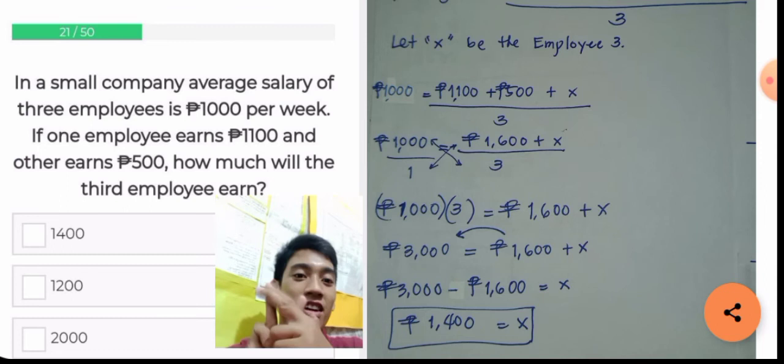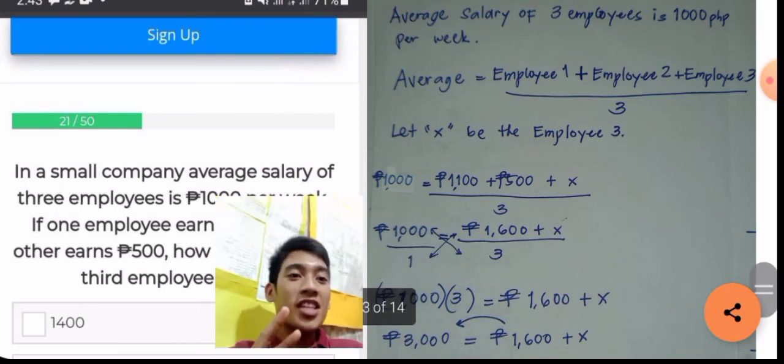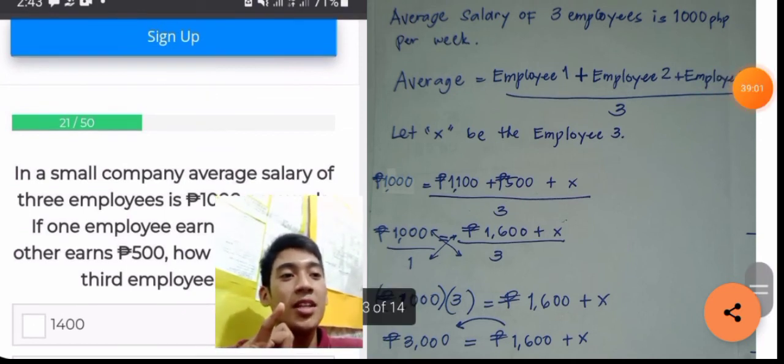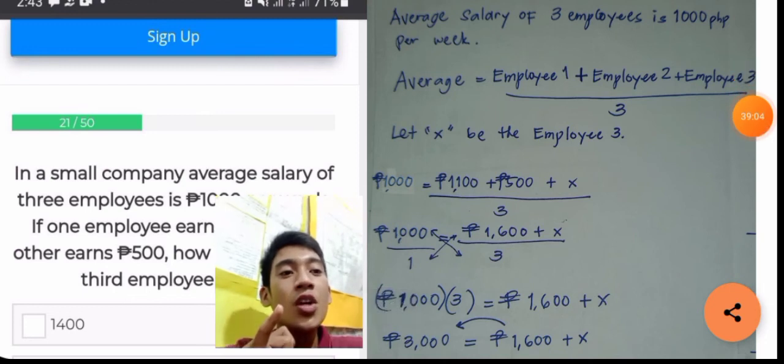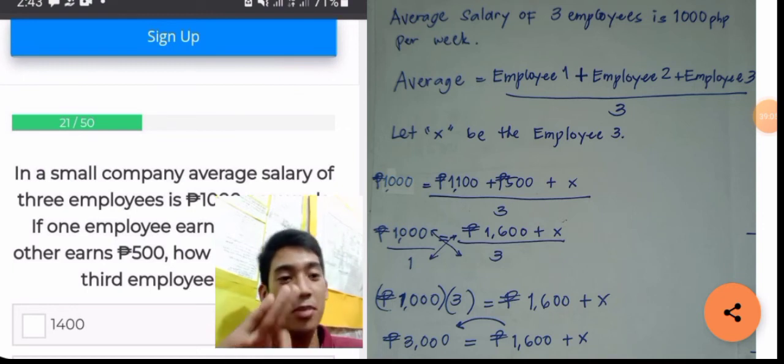So, what's the earning of the third employee? Now, the formula: the average equals employee 1, employee 2, employee 3, divided by 3 because there are 3 employees.